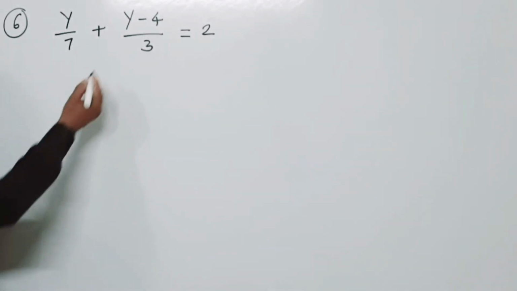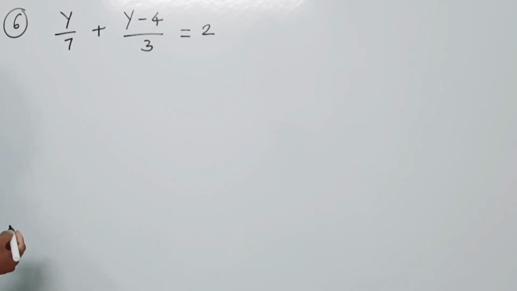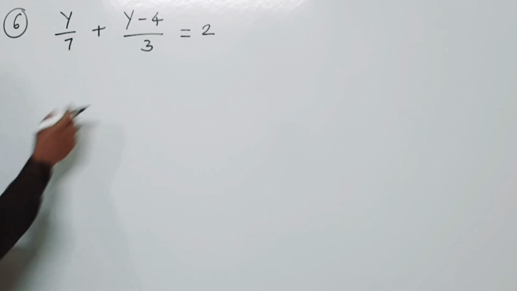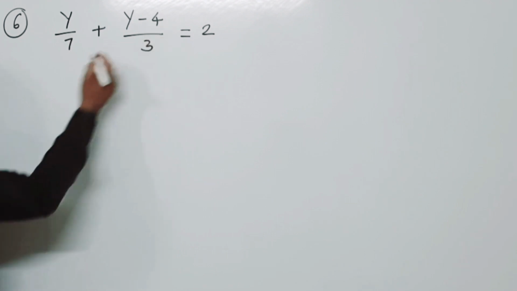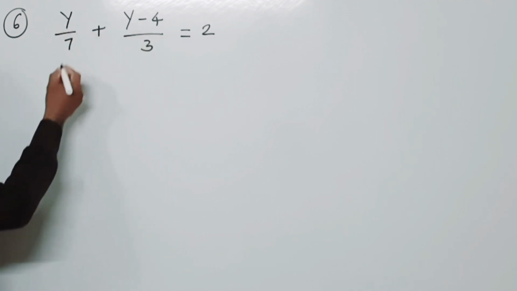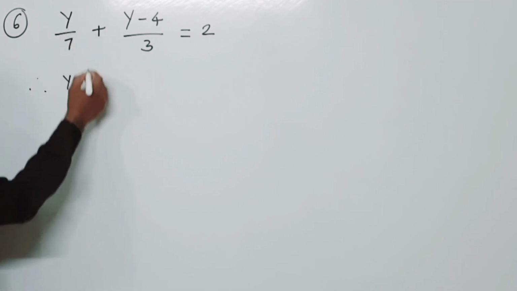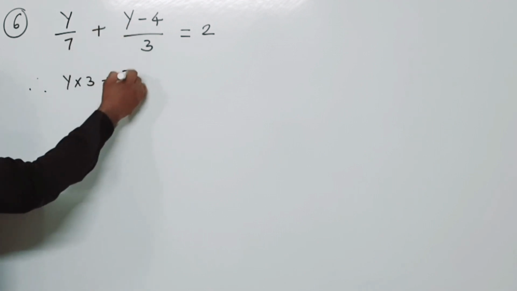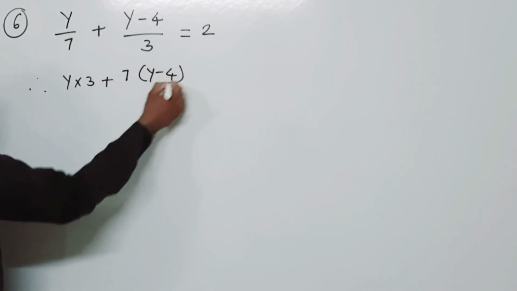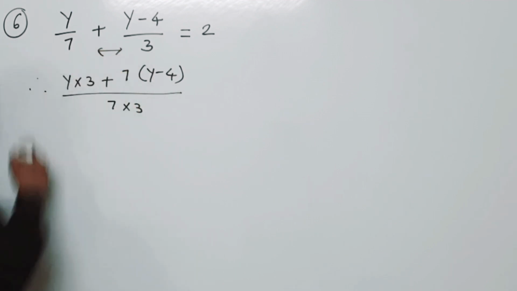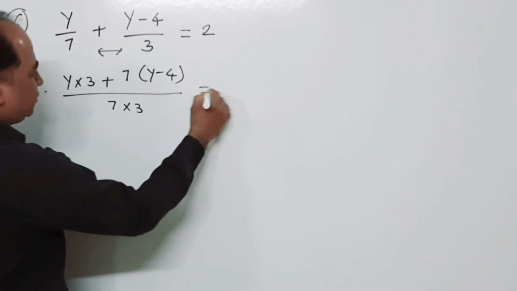Sixth example: y upon 7 plus y minus 4 upon 3 is equal to 2. Now here, first we'll simplify the left hand side of the equation. So do the cross multiplication: y into 3 plus 7 multiplied by y minus 4, upon 7 into 3, is equal to 2.